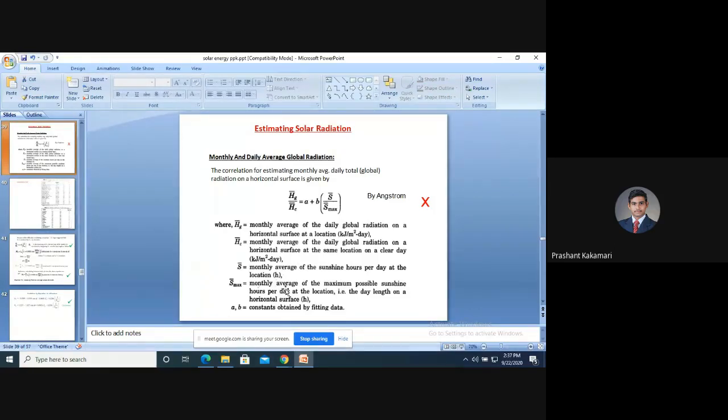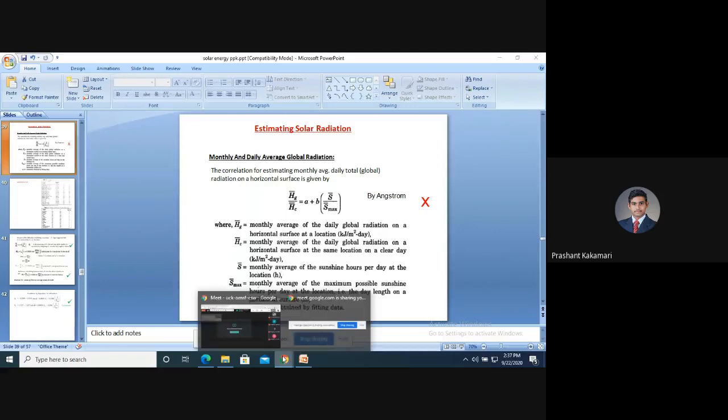If you know the correlation, you can find it out. But here, it is better to go for the day length for our convenience. As in the earlier problems you have solved, we can take the day length, assuming the complete day was sunshine, and we can take the maximum sunshine hours. I think all of you understood the problem and which equation we have to go for.